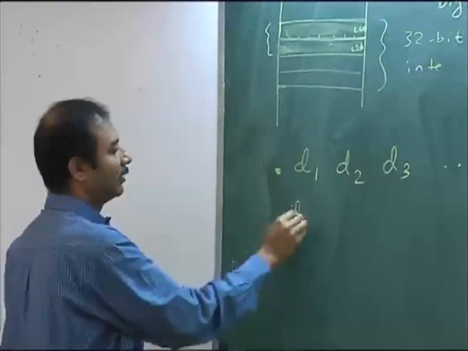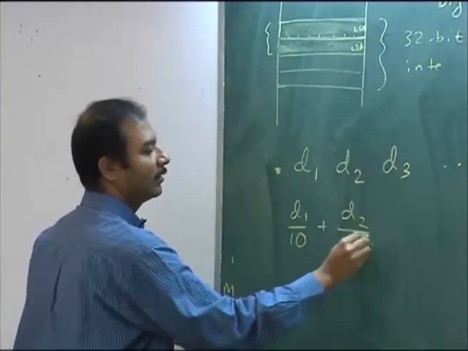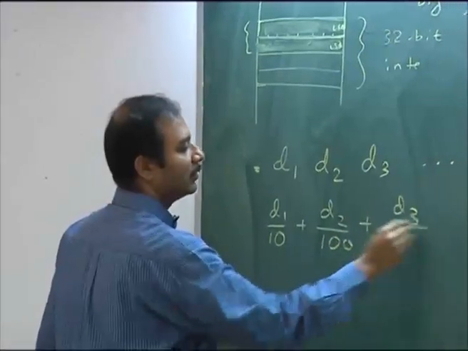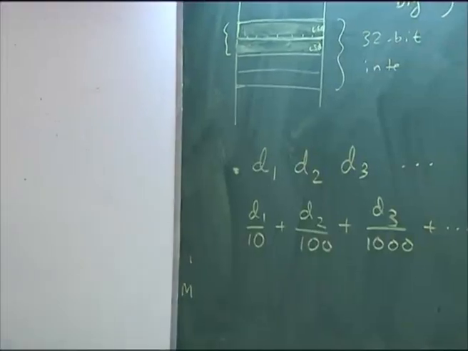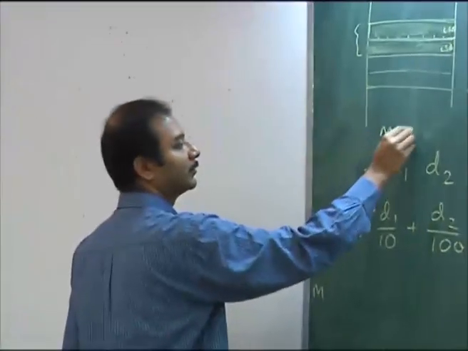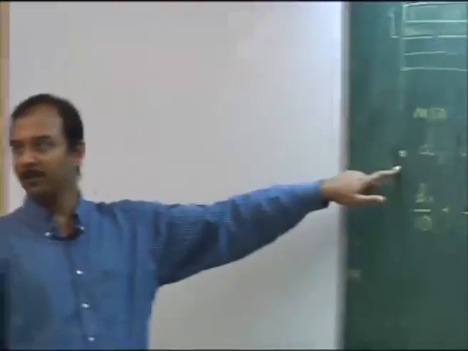So it's d1 over 10 plus d2 over 100 plus d3 over 1000 and so on. Right? This is still the most significant digit, and significance decreases as you go to the right, same as before. We have just taken an implicit decimal point in front of all the digits.